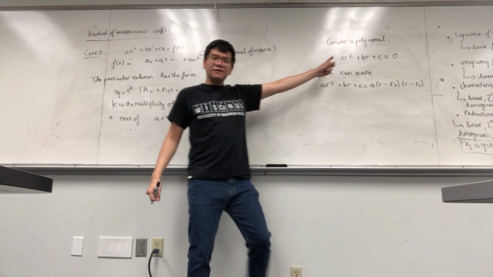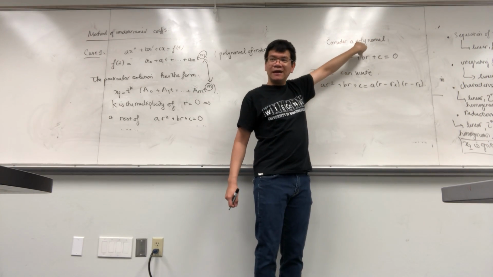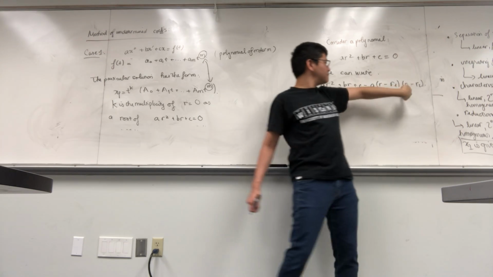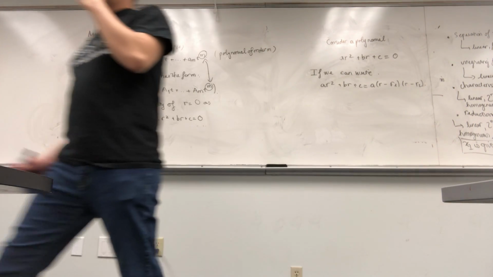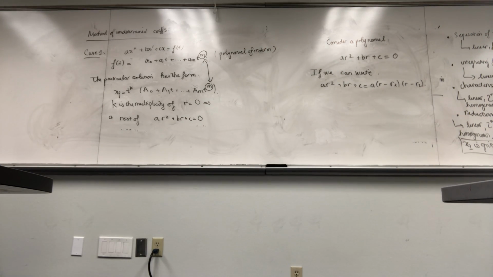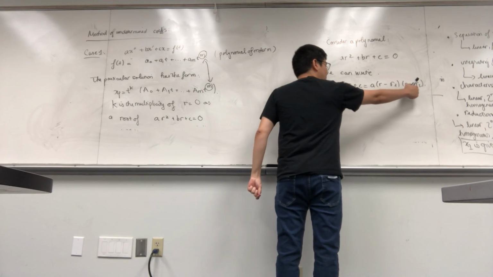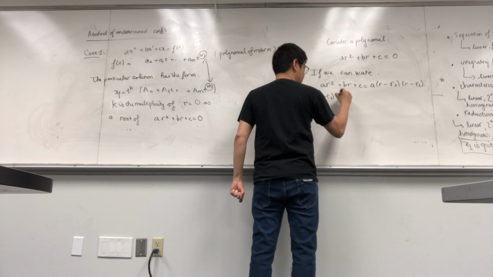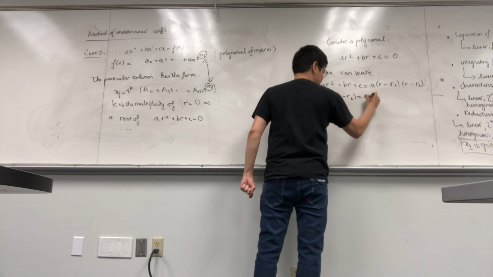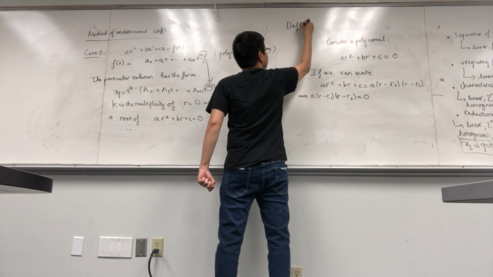Now, if I can write this characteristic equation as a product of a times (r minus r1)(r minus r2), what can I say about r1 and r2? That r1 and r2 are solutions of the polynomial ar squared plus br plus c equals 0. So if you can write it of this form, which means that a(r minus r1)(r minus r2) is 0.